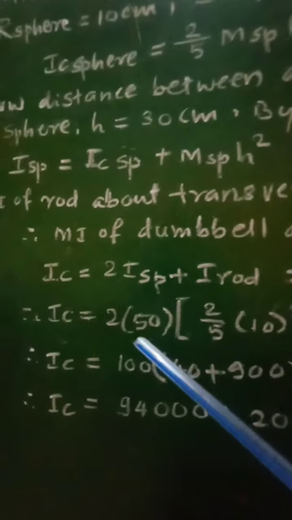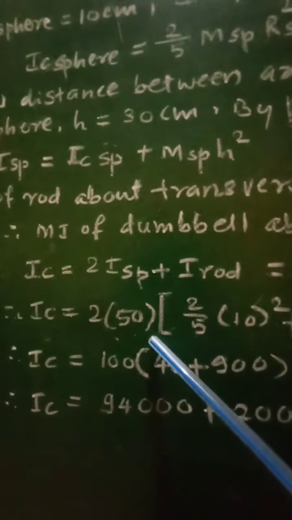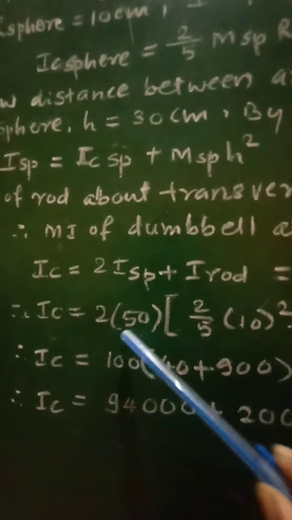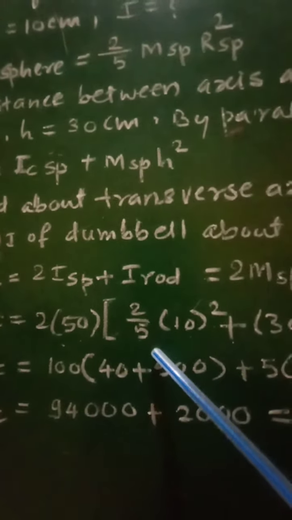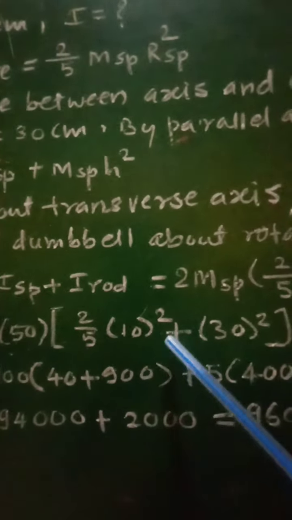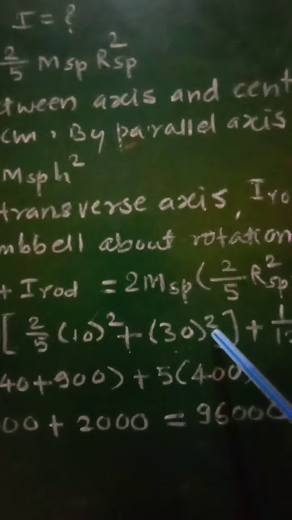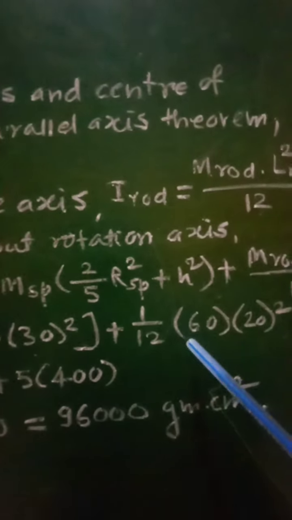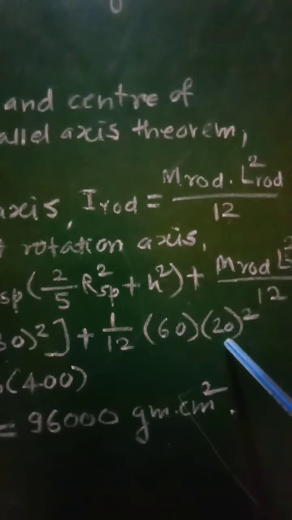Therefore we can write IC is equal to 2 into 50 into 2 by 5 into 10 square plus 30 square, plus 1 by 12 into 60 into 20 square.